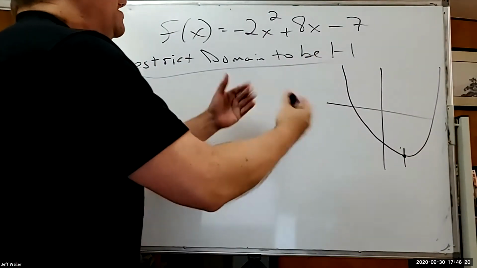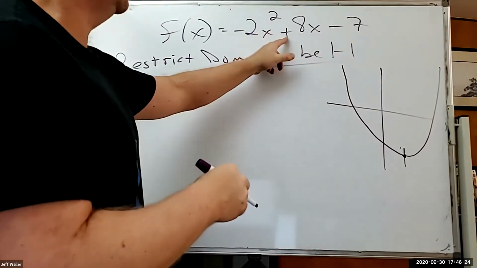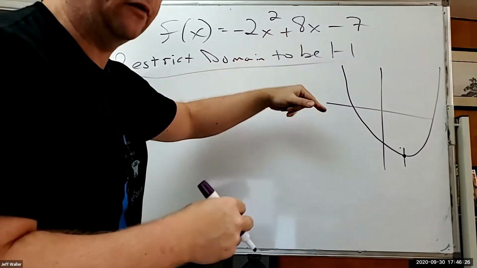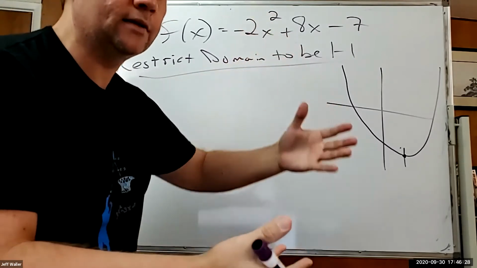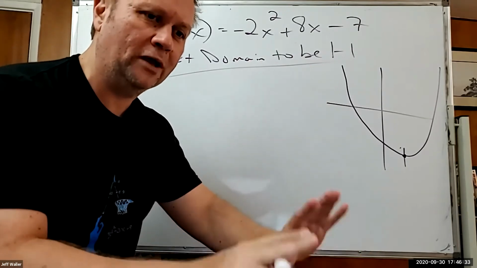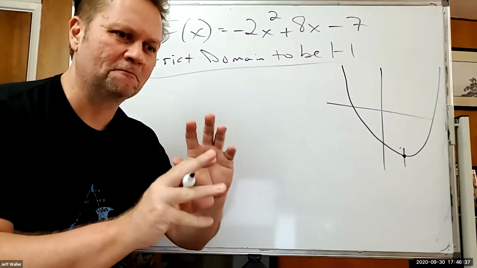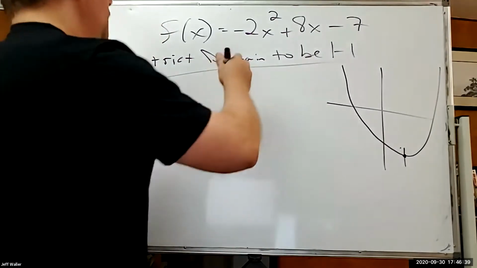So if the next part of the question is find the inverse, I might as well start completing the square to find the vertex instead of the shortcut, because I'm going to have to complete the square to find the inverse anyway. I don't know if you guys remember this. No, okay.